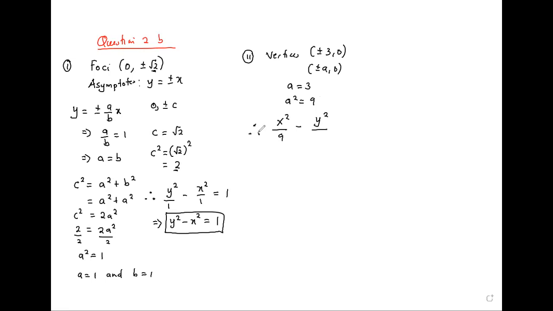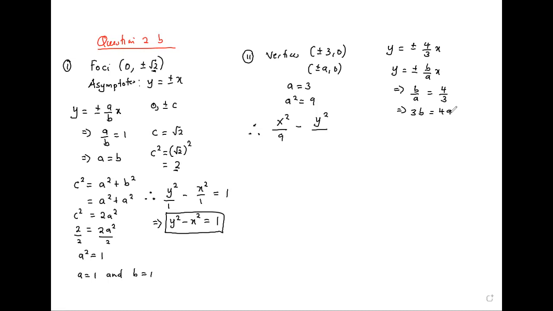So where do we get b? We are told that the asymptotes are y is equal to plus or minus 4 over 3 x. Now, because it's on the x-axis, the equation of the asymptote is plus or minus b over a x. This simply tells us that b over a is equal to 4 over 3. So if we cross multiply, we'll have 3b is equal to 4a.